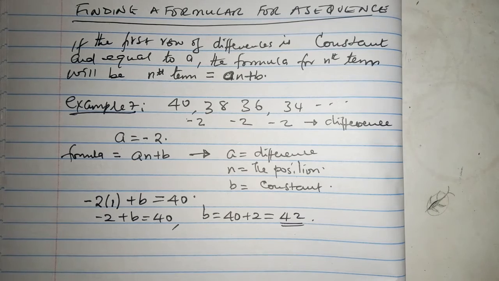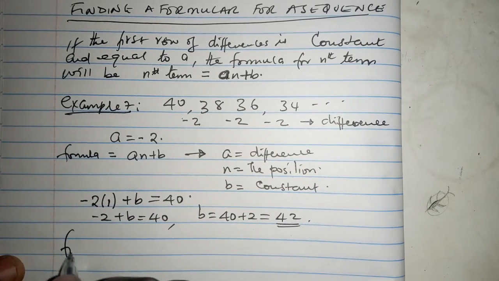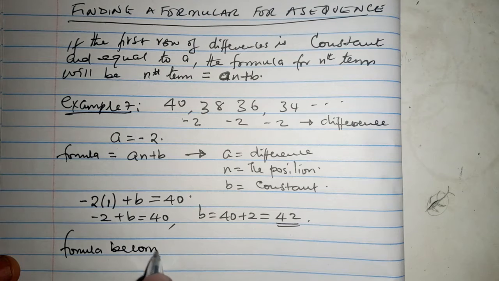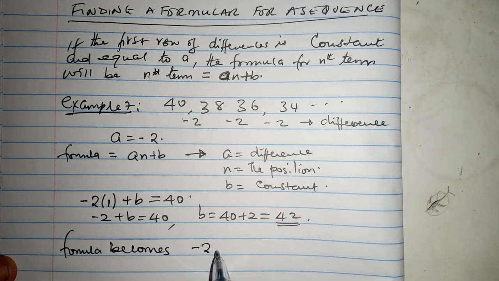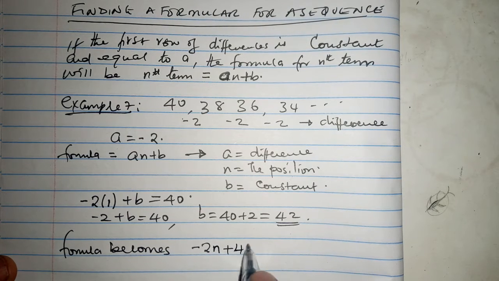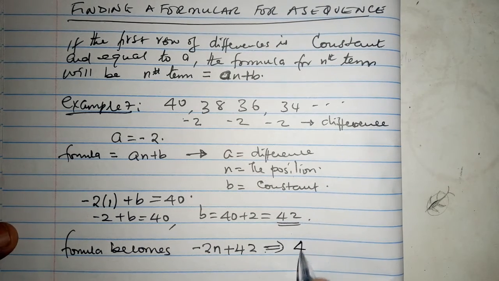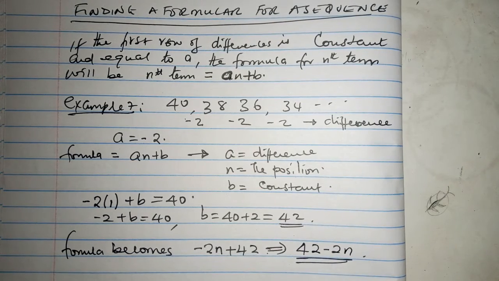So the formula for this particular sequence becomes -2n + 42. Because I don't like starting a statement with negative numbers, we can say 42 - 2n.